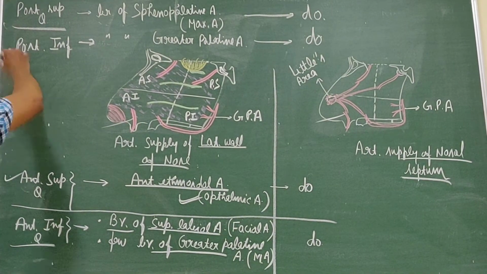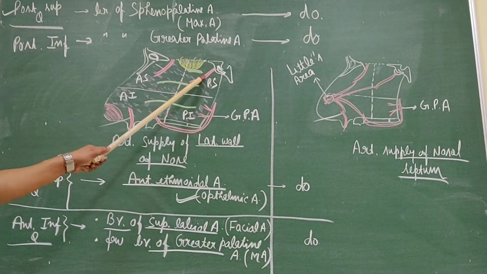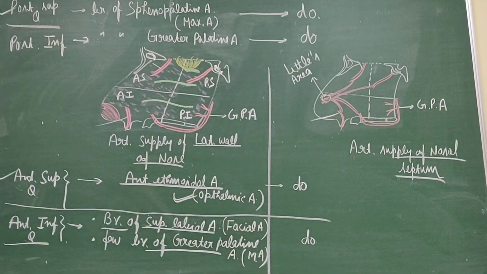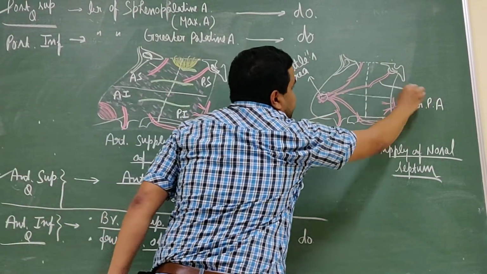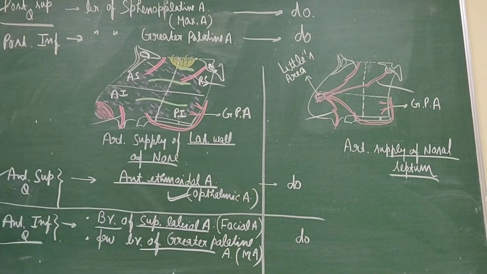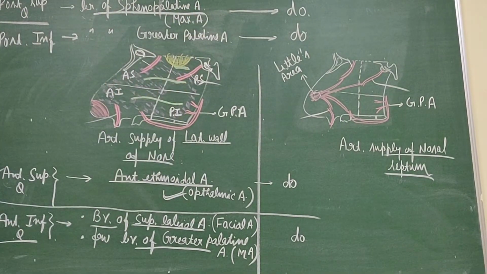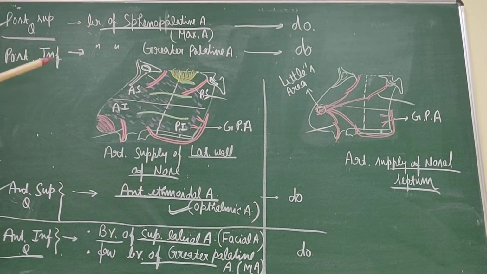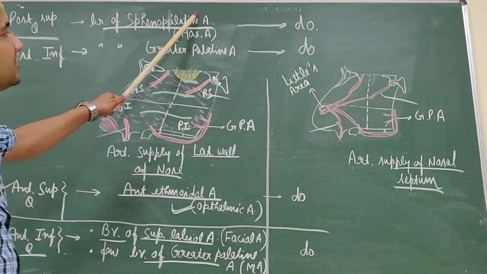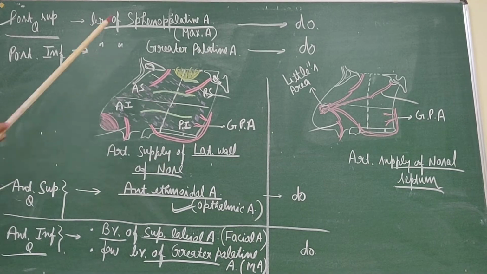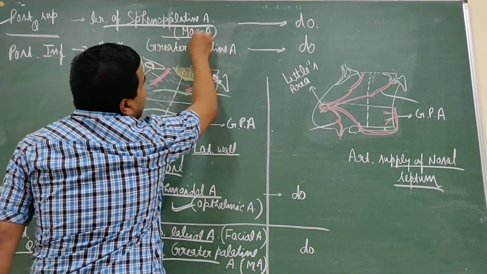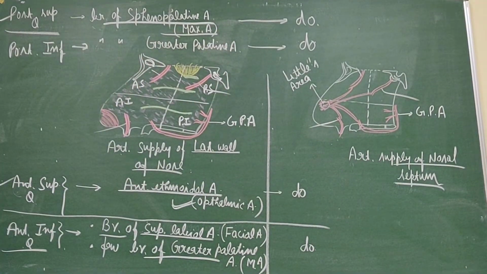Now the posterosuperior quadrant. This is the posterosuperior quadrant, and this artery is the sphenopalatine artery, a branch of the maxillary artery.